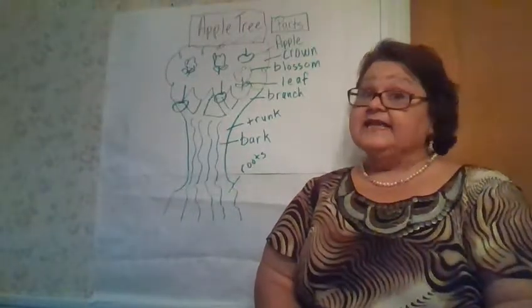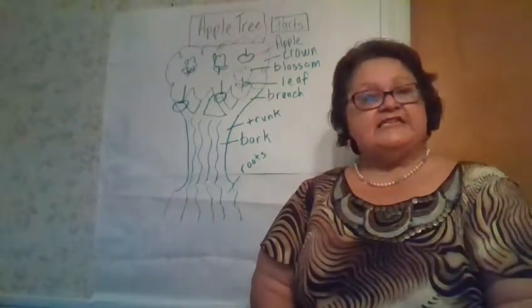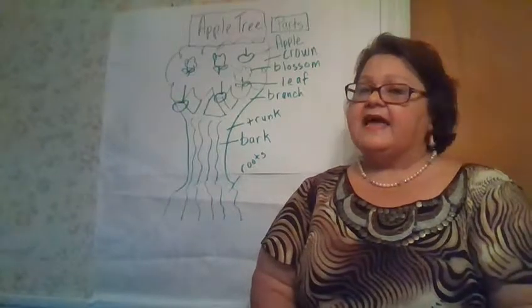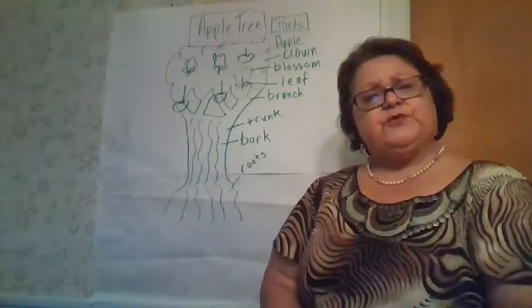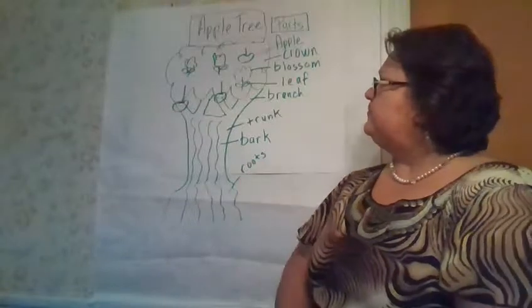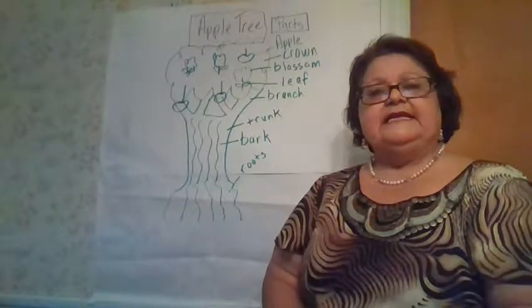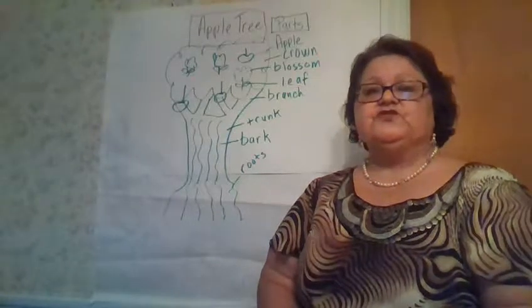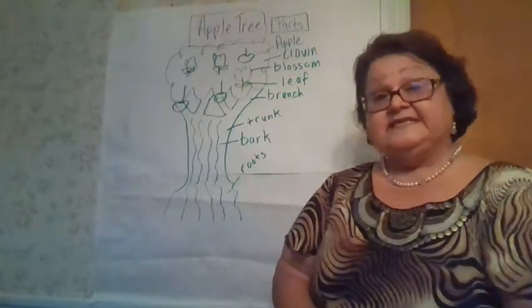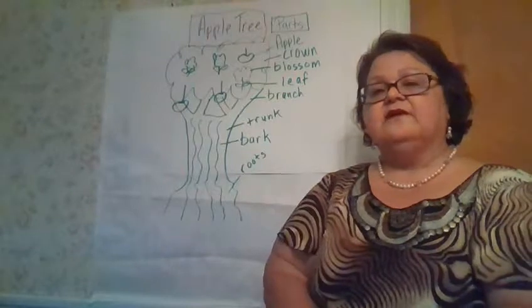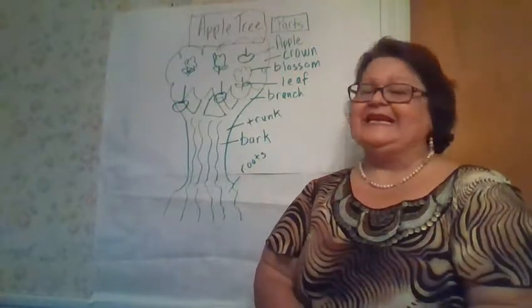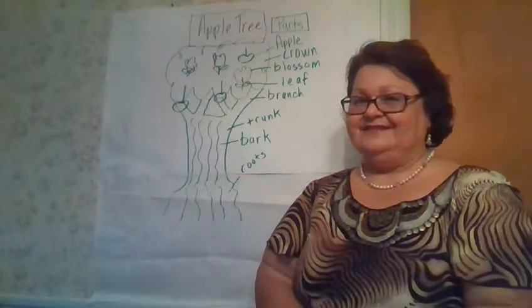Now, as a scientist, I can't just ask one question. I have to ask another one. Because a tree, especially an apple tree, can't live by itself. It needs something to survive. What does an apple tree need to survive?